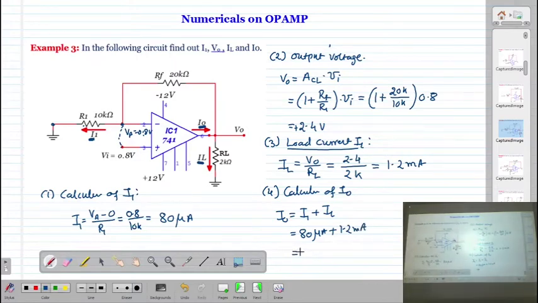So this will come out to be 1.28 milliampere. Right? So in an inverting amplifier, this output current was flowing inside the operational amplifier, but in a non-inverting amplifier, this output current is flowing out from the operational amplifier.